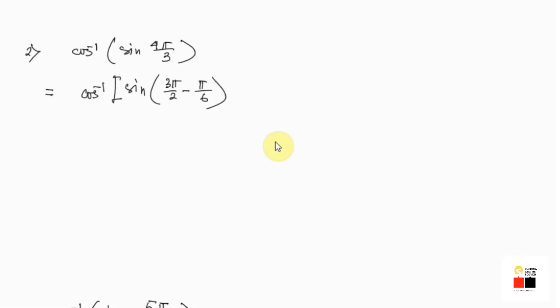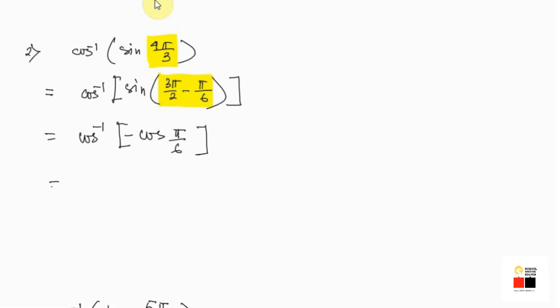We can write it as cos inverse cos pi by 6, but this will be negative, equals cos inverse of cos of pi minus pi by 6.